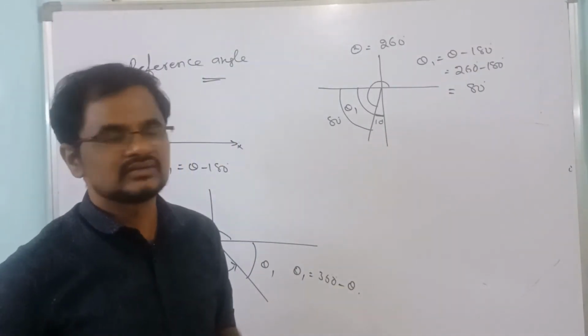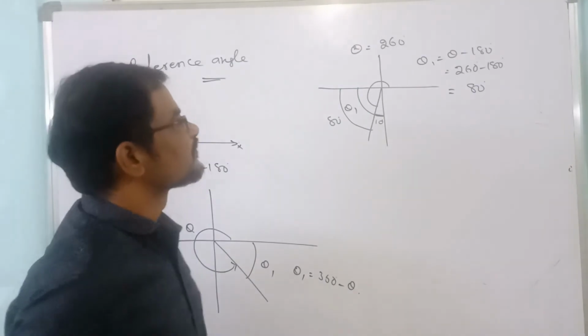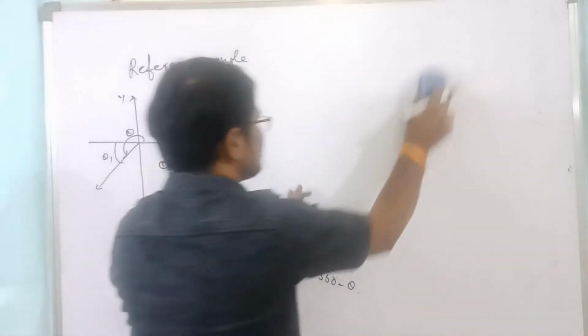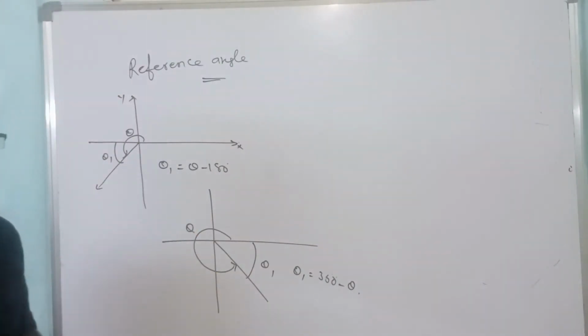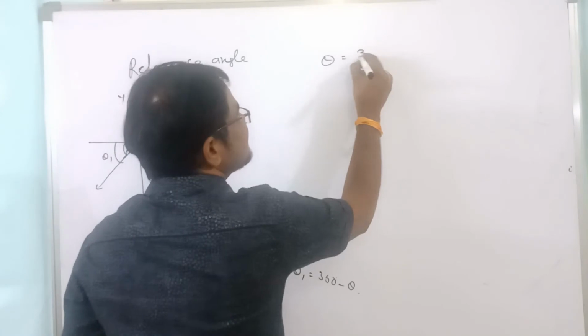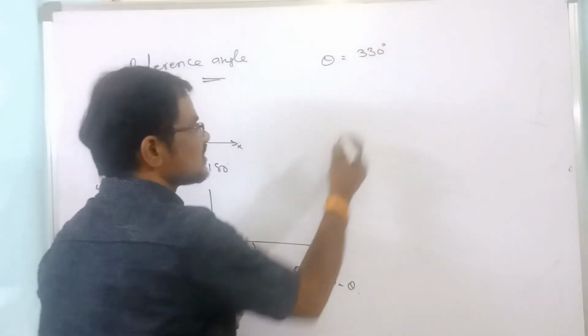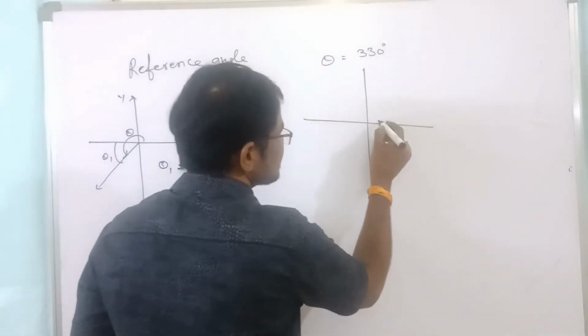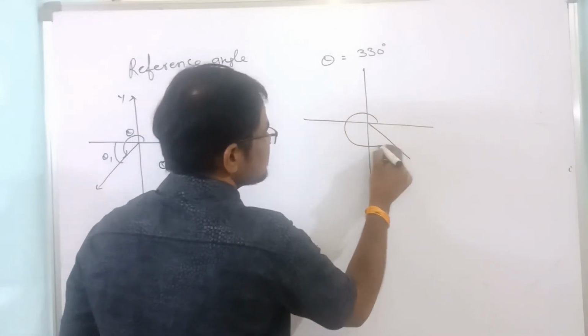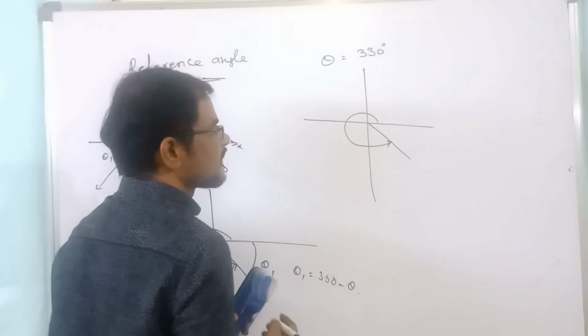80 degrees, right? And now next, suppose theta lies in fourth quadrant. How to find the reference angle? Theta equal to 330 degrees means fourth quadrant. This is 270 plus 60, so 330 degrees.